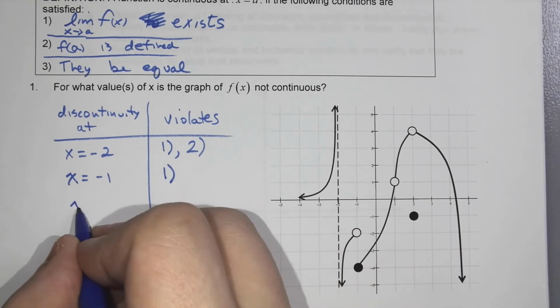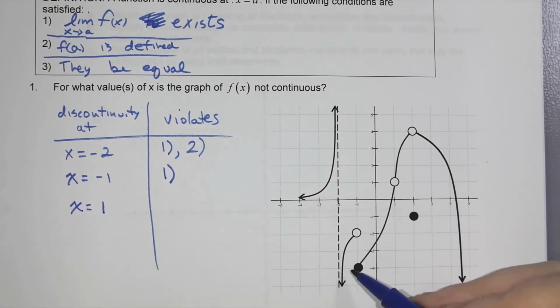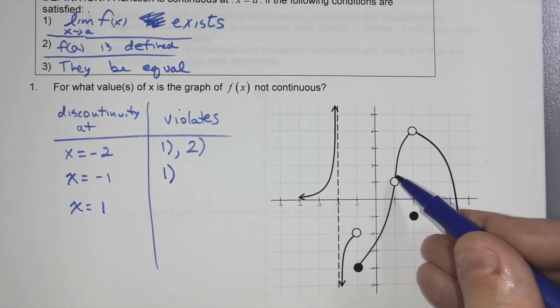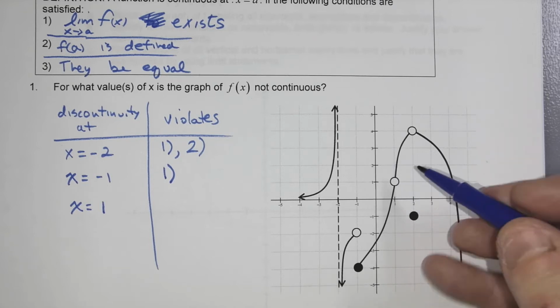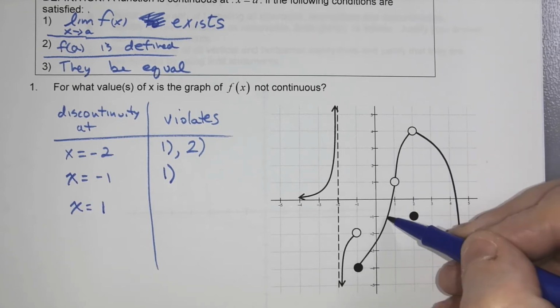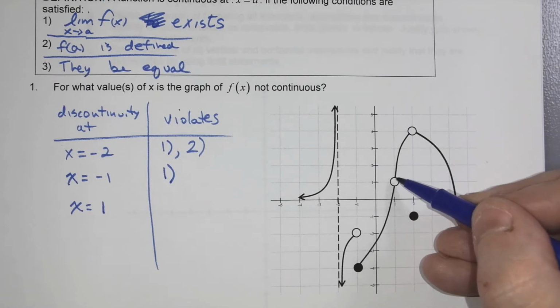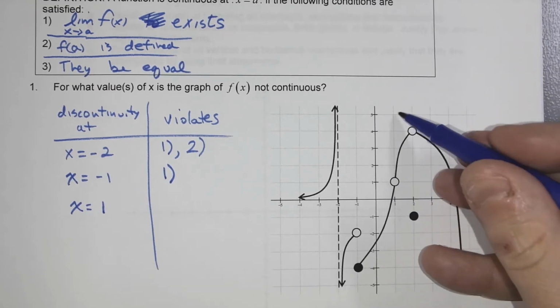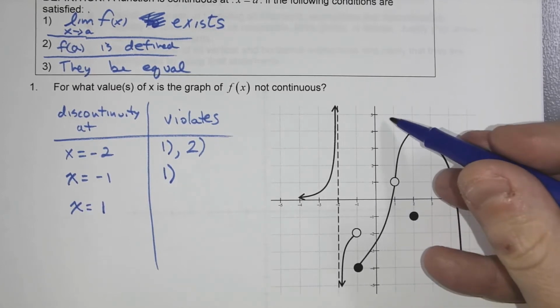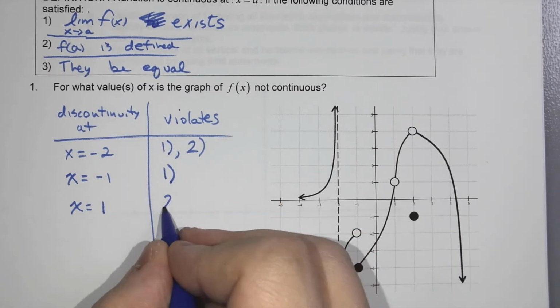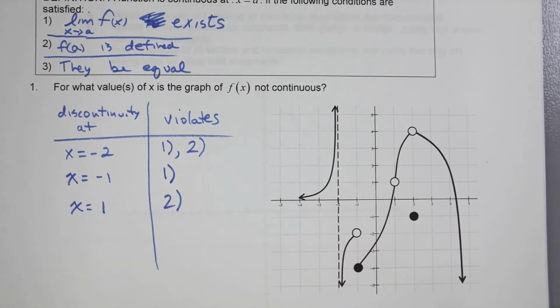Next, x equals 1, because I have to lift my pencil off the paper to continue over here. So this time the limit from the left is 1, the limit from the right is 1, so the limit actually exists. Condition 1 is satisfied this time, but the function itself is not defined. There is no closed dot on x equals 1. So this violates condition number 2.